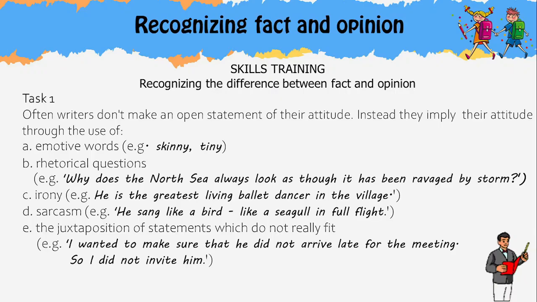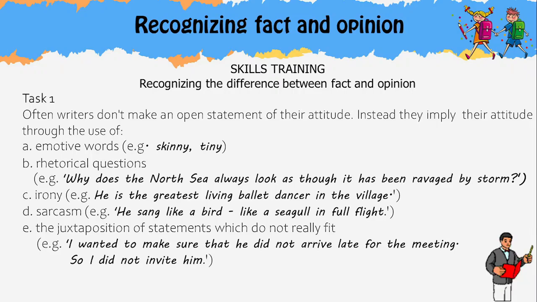In fact, the North Sea always looks like that, so we don't need to ask that. It's just to express the writer's feeling, the speaker's feeling. Why is it again and again like that.